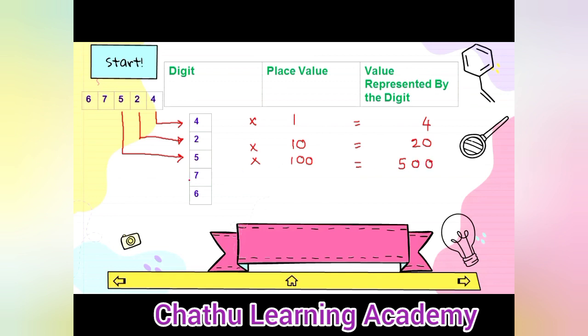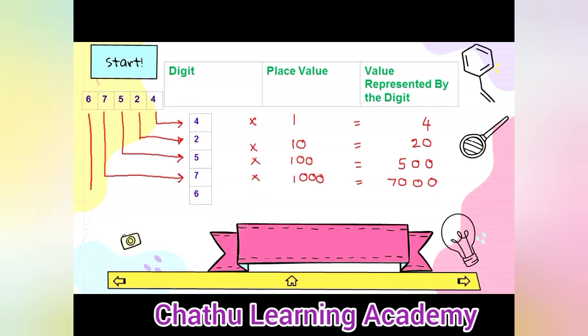500. Likewise 7 is in thousand place. Then place value is equal 1000. Then value represented by 7 is equal 7 into 1000, 7,000. 6.